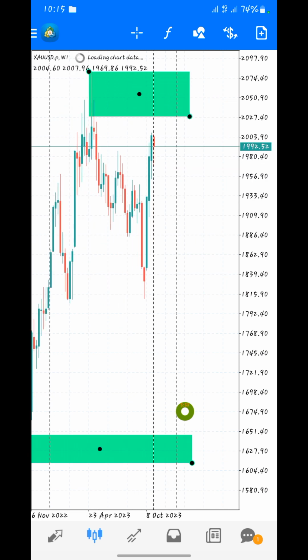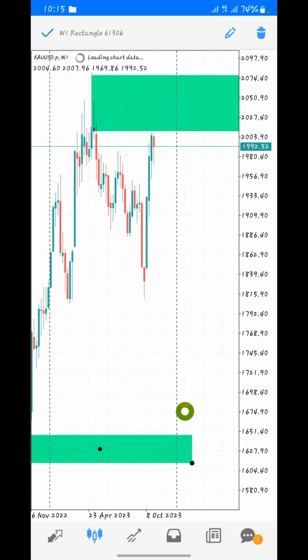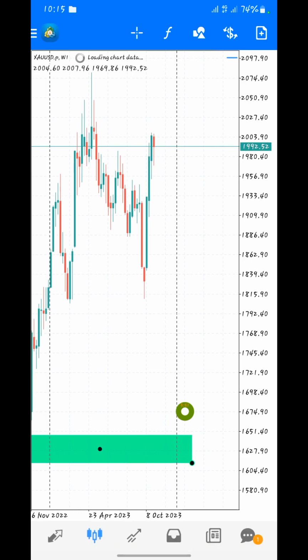As you can see, I will label from the closing of the candlestick body up to the end of the week. I just make my support zone aligned there.